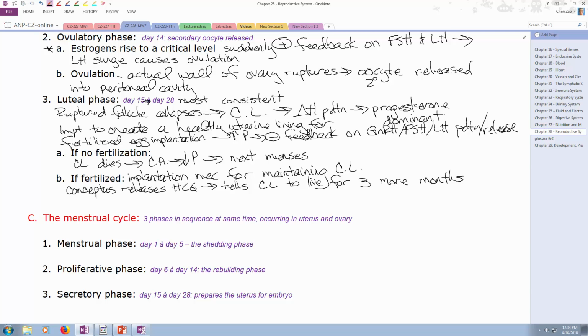But if for some reason the conceptus does not produce enough HCG, then the corpus luteum will no longer get its signal to survive, progesterone levels drop, and sloughing occurs. So it's really hard to tell on this one which happens first.